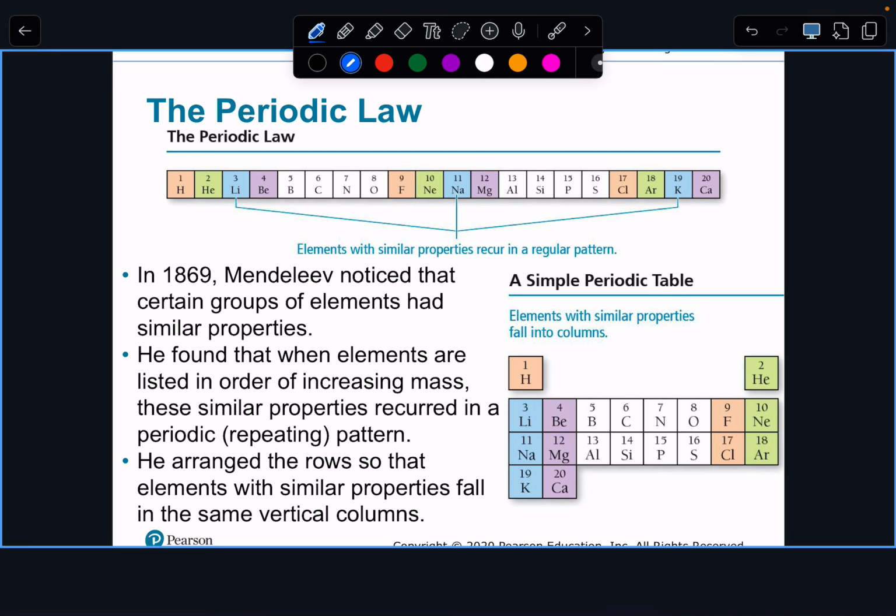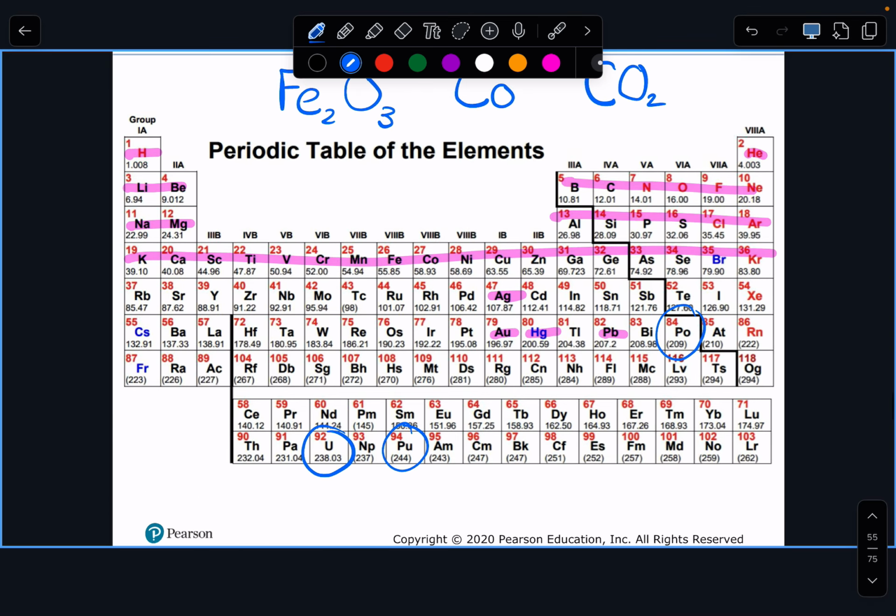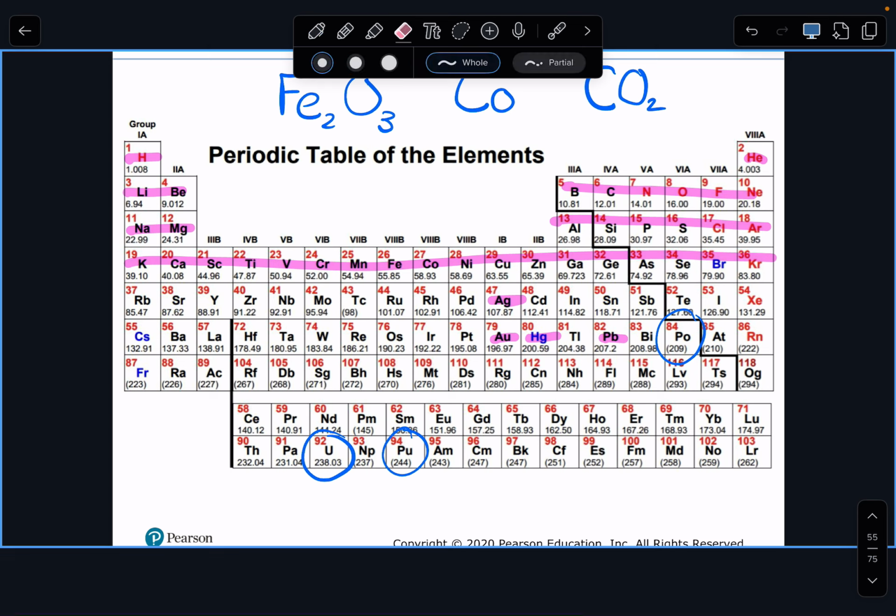Okay, so the modern periodic table, the one that we're used to seeing, is surprisingly not that different from when Mendeleev very first started developing it. He did not know anything about subatomic particles. He did not know about protons, neutrons, and electrons.